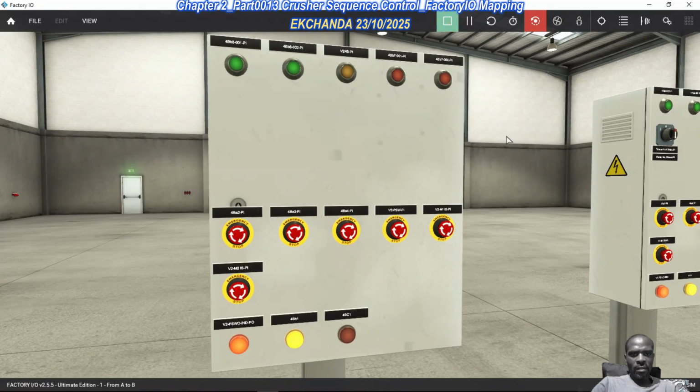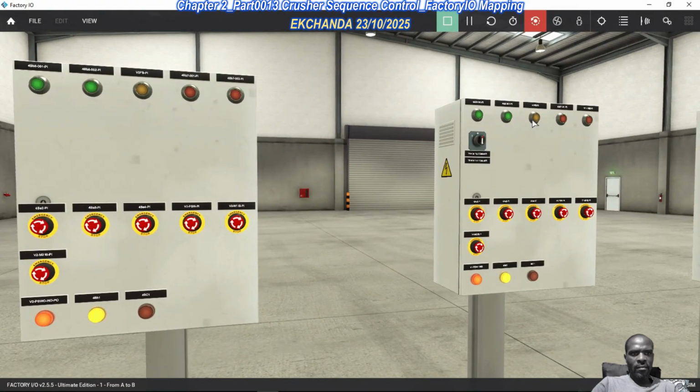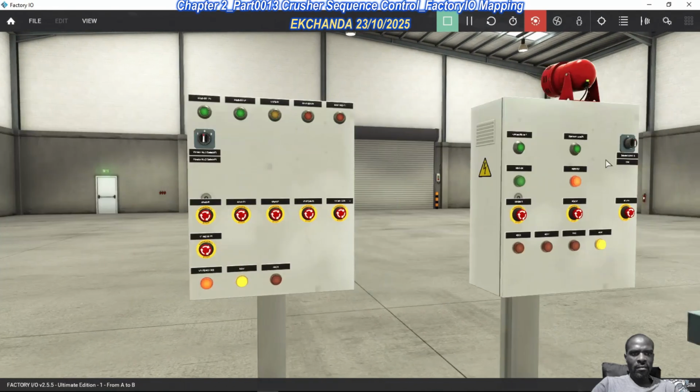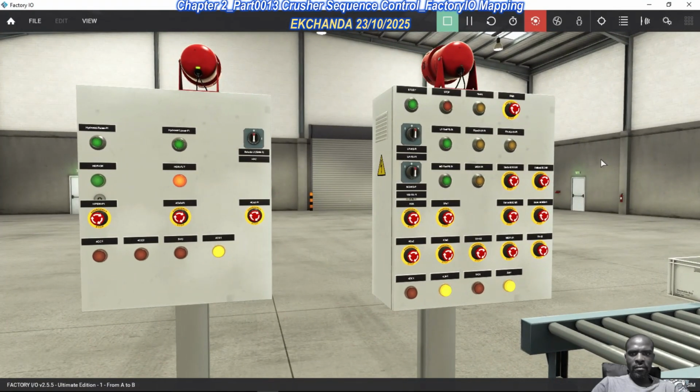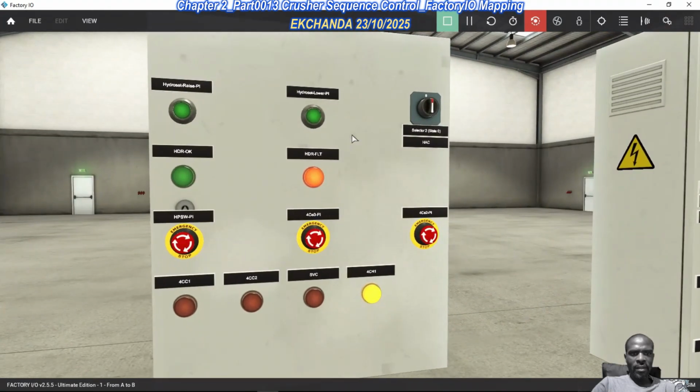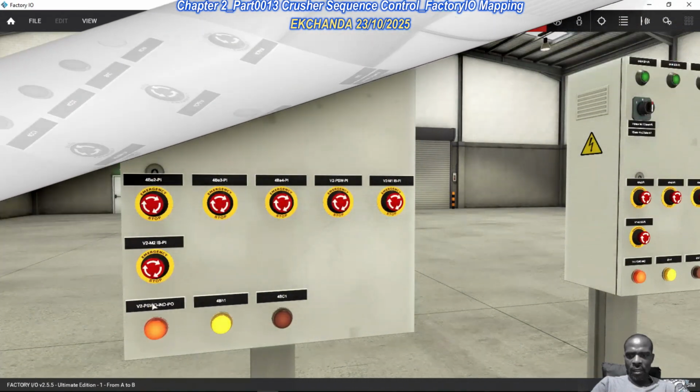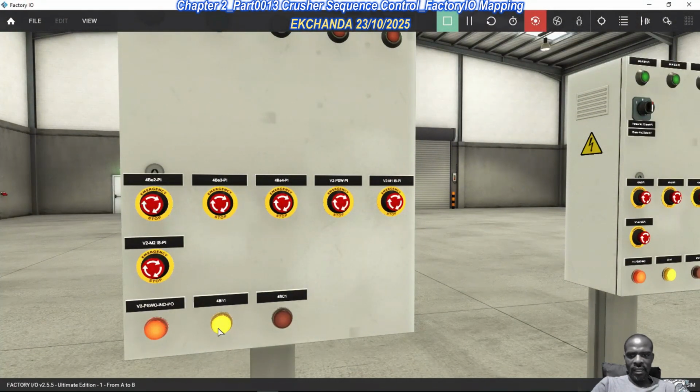So let's see. I'm sure the one which is on is the low pressure switch. I just wanted us to see that these indicator lamps are on.